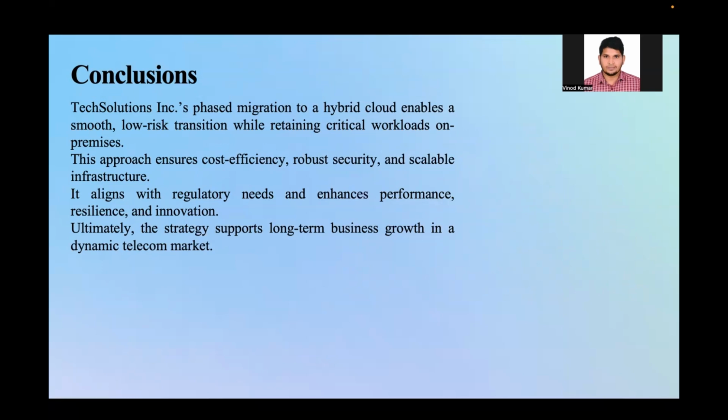The strategies we implemented, from cost control and data safeguards to scaling and backup, collectively enable Tech Solutions to operate efficiently and securely in a dynamic market. This prepares the company to innovate and grow without the limitations of its legacy infrastructure.